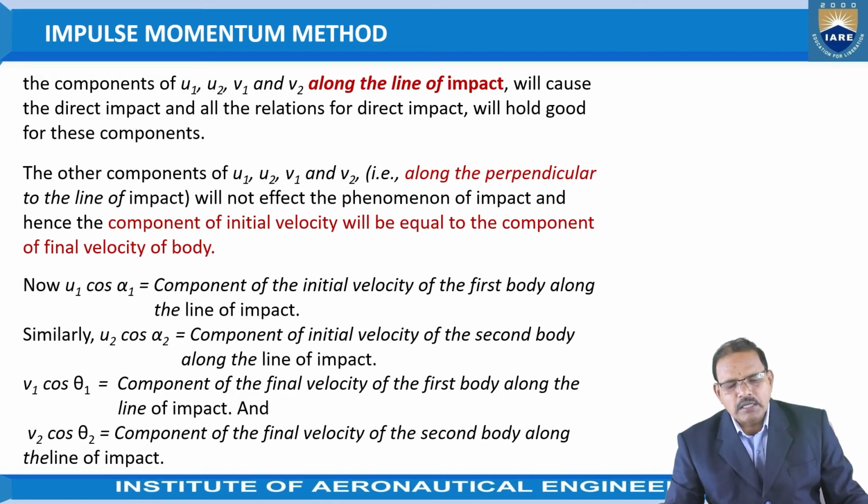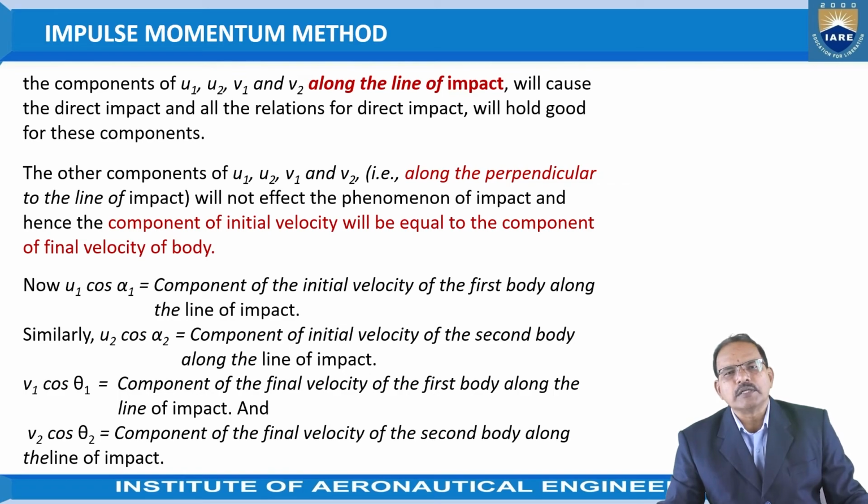These are contributing to direct impact, and all the relations of direct impact hold good for these components. That means it holds the law of conservation of momentum. That is, the initial momentum possessed by the bodies in the direction of line of impact before the collision should be equal to the total momentum possessed by the bodies after the collision.